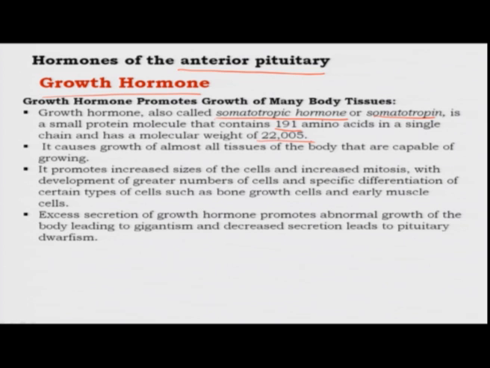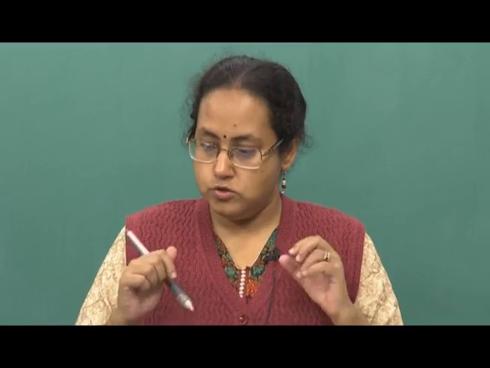It causes the growth of all tissues in the body that are capable of growing at a particular time. So, if you provide growth hormone, not all tissues are capable of growing, only those that are capable of responding to this growth hormone will respond by growing. So, what does it do to promote growth? It increases the sizes of the cells, so the cells become bigger. It increases mitosis, which is cell division or cell proliferation. So, one cell becomes two.